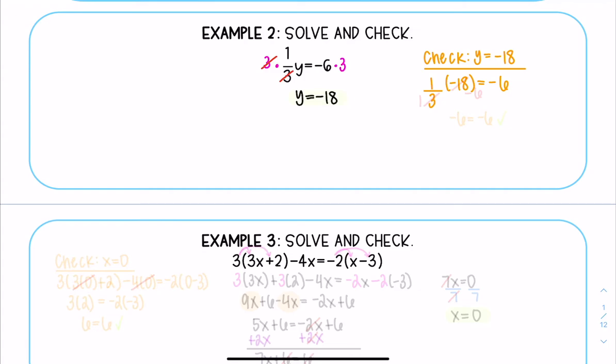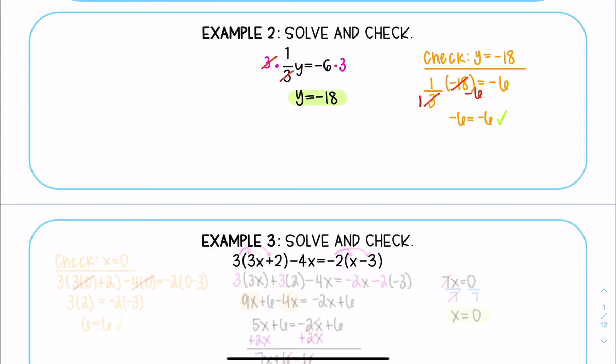Well, we can simplify. We can take a 3 out of 3 and 3 out of negative 18, which leaves me negative 6. And we are ending up with 1 times negative 6, which is negative 6. And that's definitely equal to negative 6. So that means that the answer we found is definitely a solution.